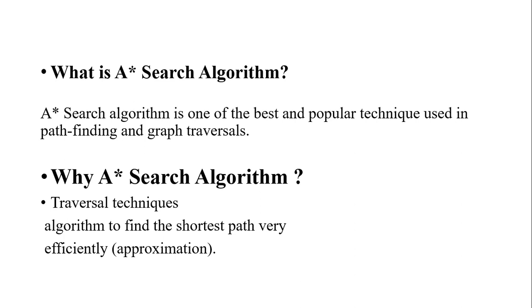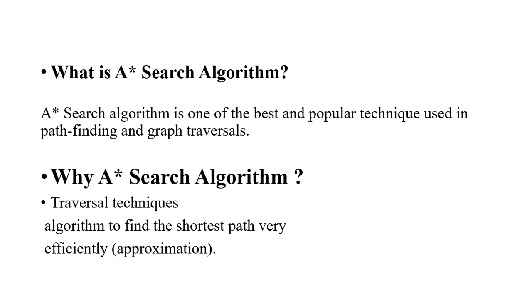In A star, informally speaking, the A star algorithm is like other traversal techniques, but it has a brain. What it means is that it is really smart, which separates it from other conventional algorithms.